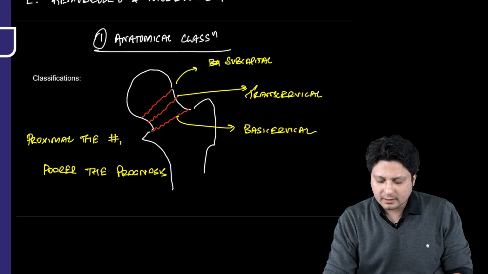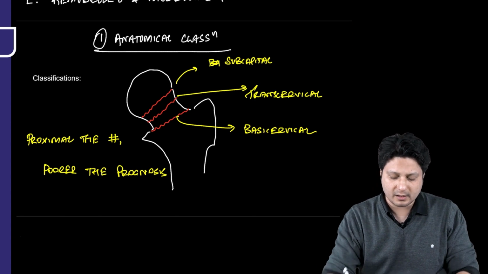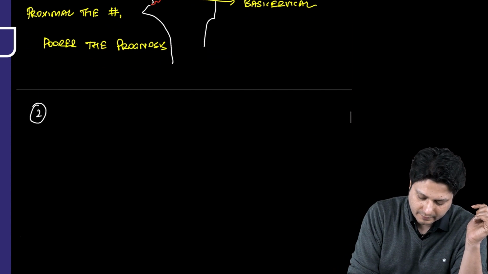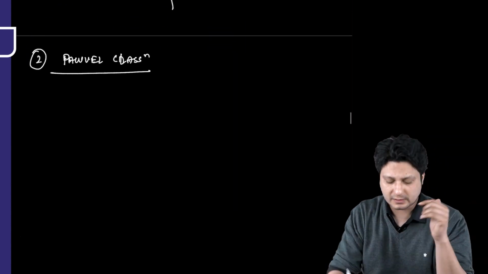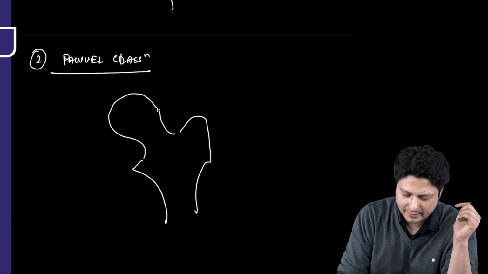Then another classification, which again is going to be talked about based on its anatomical representation, is the Powell classification. The second classification is the Powell's classification. Under the heading of this classification system, again by a rough diagrammatic representation, if this is the head, this is the neck, this is the greater trochanter and the lesser trochanter.